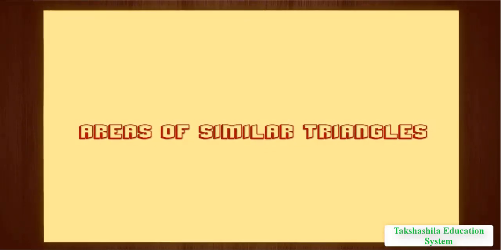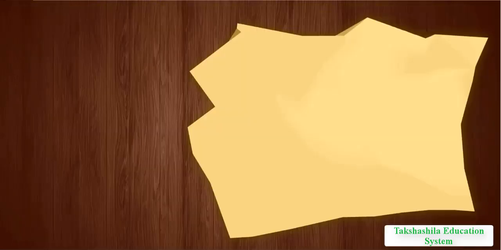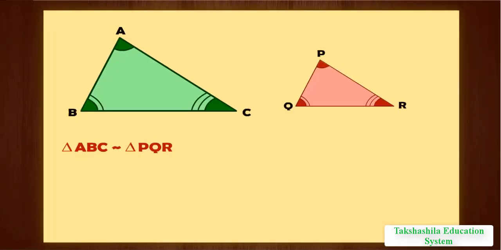Areas of similar triangles. In this module, we will discuss areas of similar triangles. We know in two similar triangles, the ratio of their corresponding sides is the same. Do you think there is any relationship between the ratio of the areas of the triangles and the ratio of the corresponding sides?